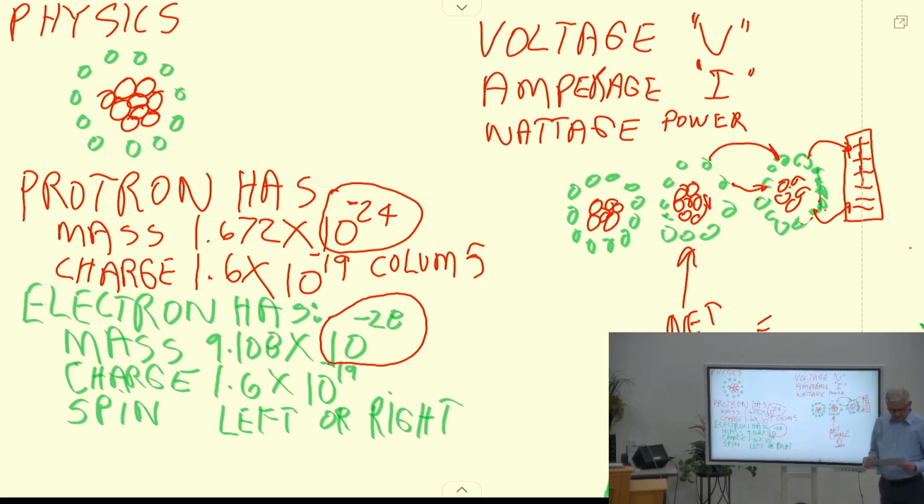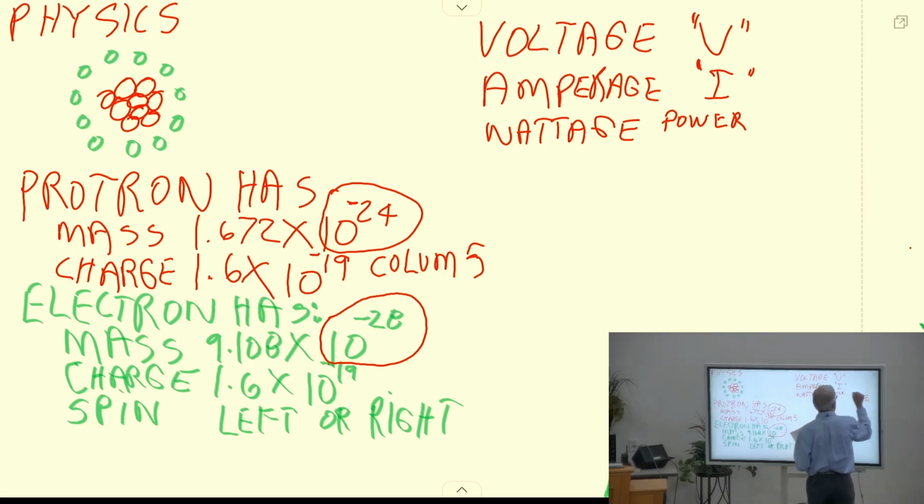That's what wattage is. So let's remove this. So now we're talking about wattage as power. Now, power and energy, those are synonyms. When we're talking about power, we're talking about wattage, we're talking about energy.